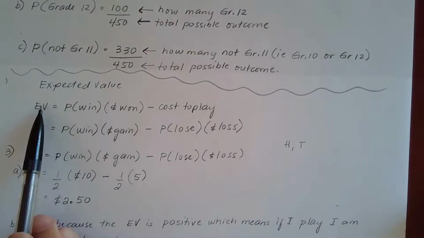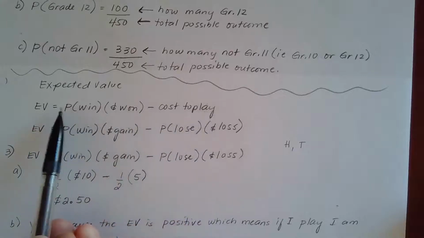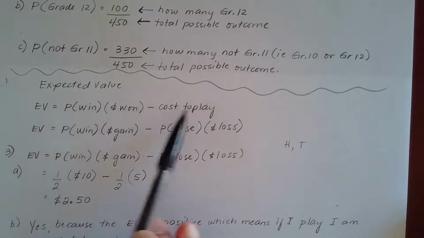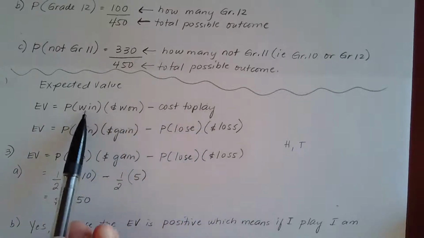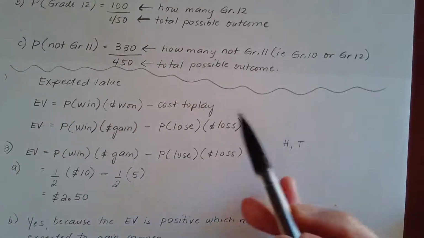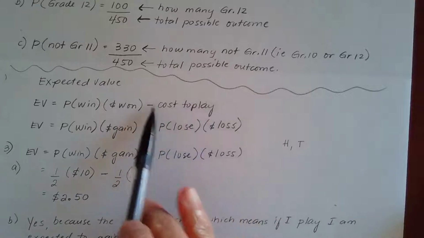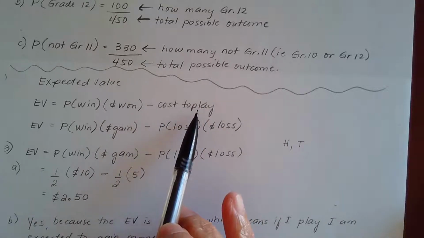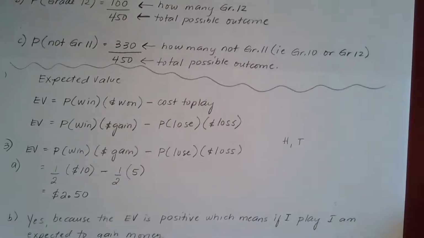So this first expected value formula is not going to work in this case, because there is no cost to play in here. Okay, so I think we could turn it into either in this particular case, but I'll just use the second formula.